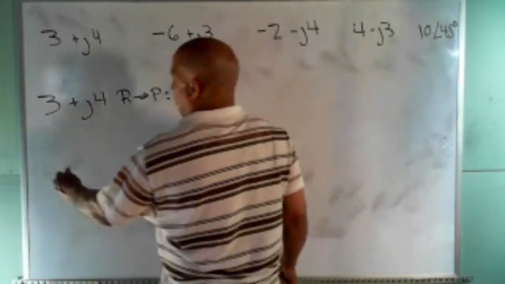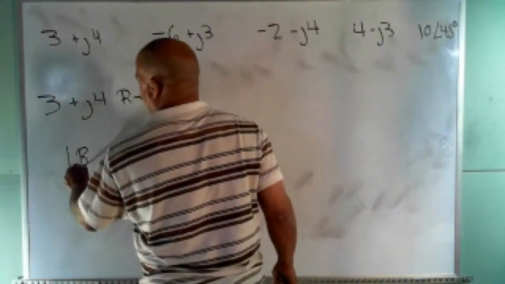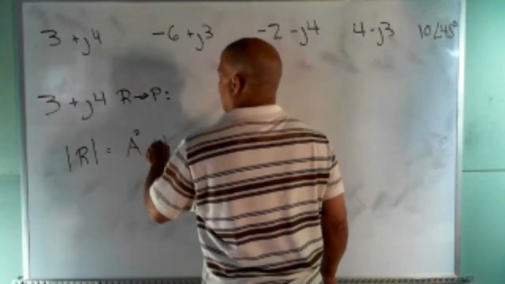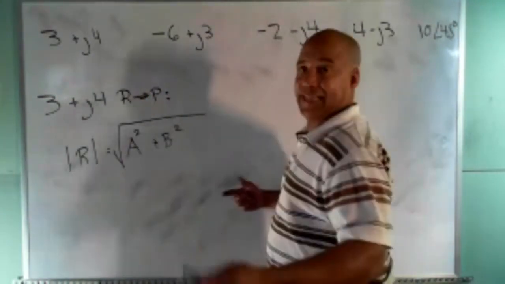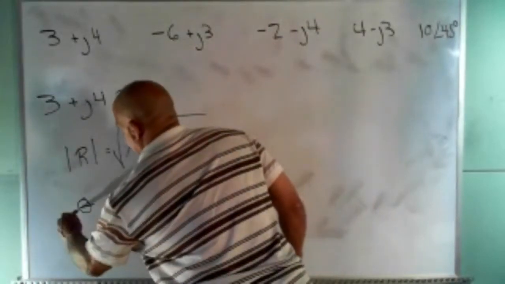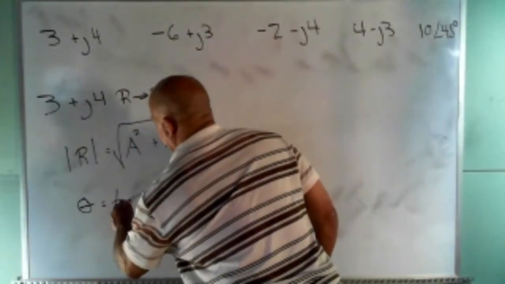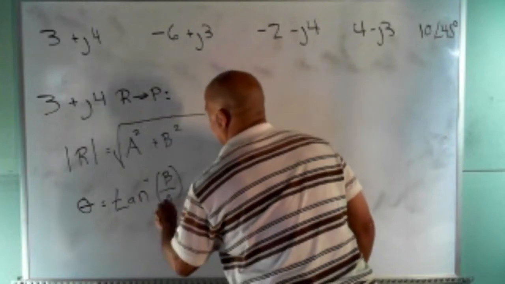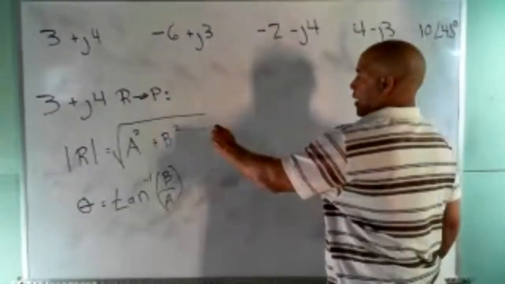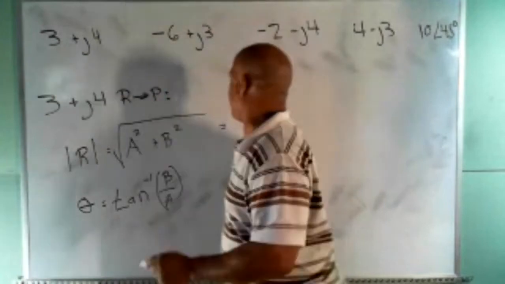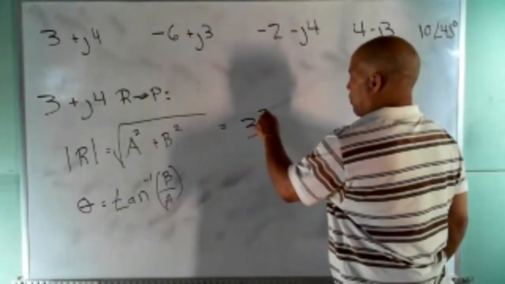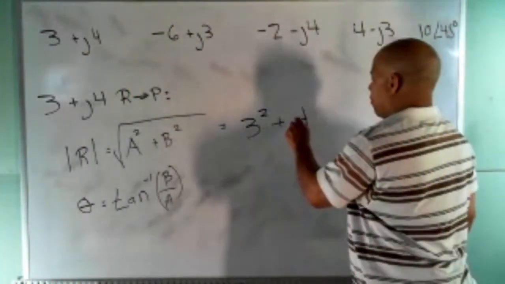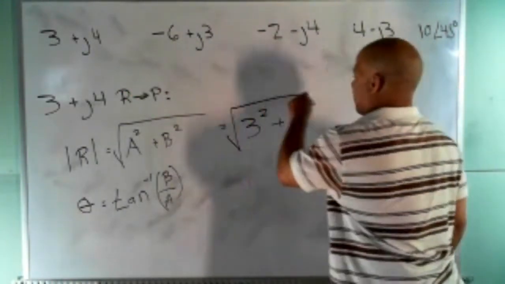So in polar, we got to find the magnitude of the radius vector, which is equal to A squared plus B squared, square rooted. And we got to get the angle, theta, which is equal to the inverse tangent of B over A. Here A is 3 and B is 4. So 3 squared plus 4 squared, square rooted.